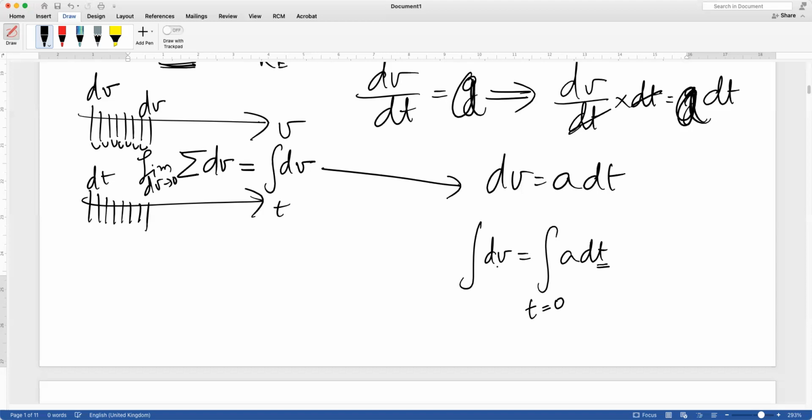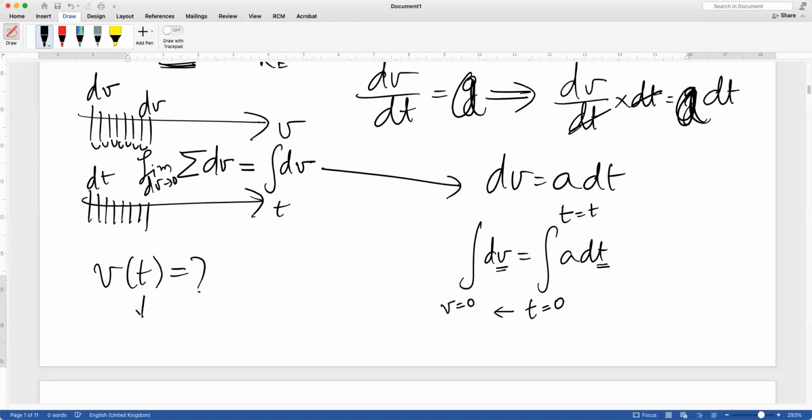Correspondingly, this side is the v variable integration, and the velocity at time t equal to 0 was 0 meters per second. And we want to know how the function v of t looks for all time, as it is dropping down. Do you get that? Yes, uncle.